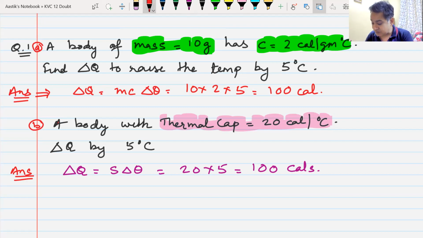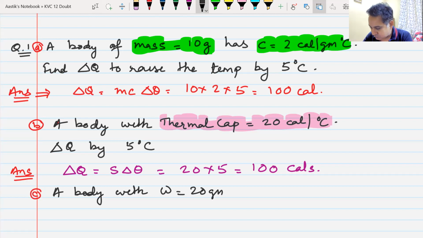Let me ask the same question in a different way. A body with water equivalent 20 grams. Find delta Q to raise the temperature by 5 degrees Celsius.